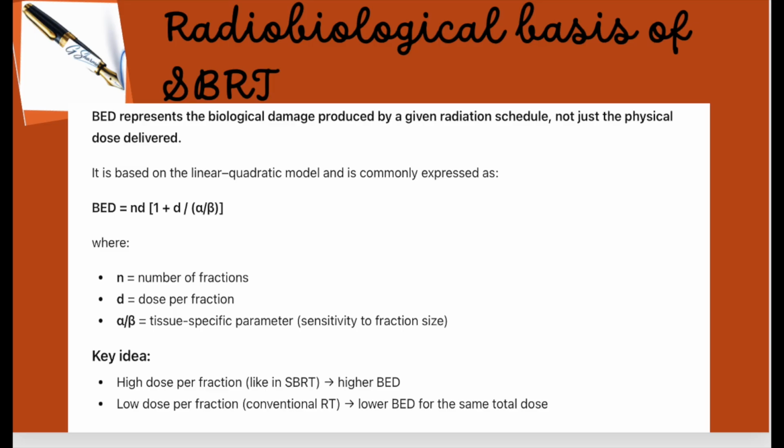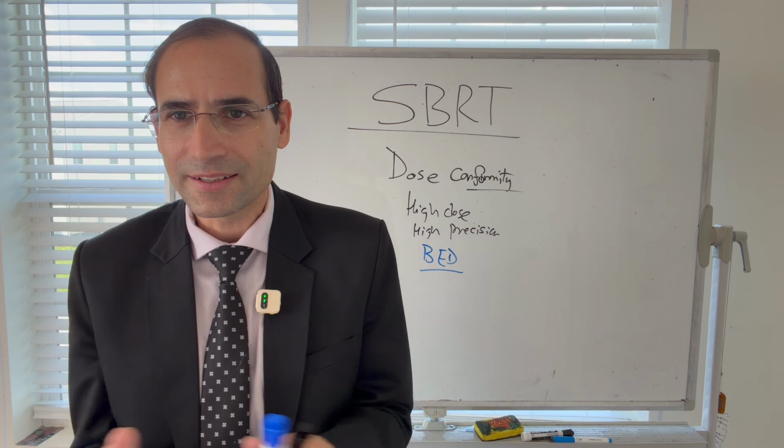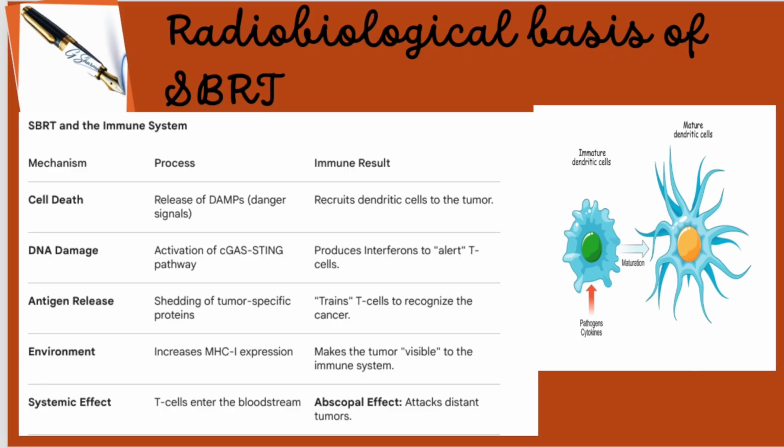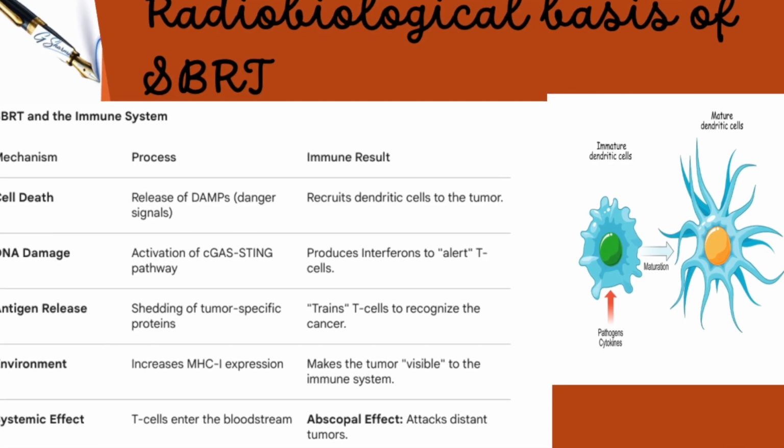So let me ask you, what happens when we deliver a very high dose per fraction? Yes, a greater dose kills a greater amount of the tumor. But also something interesting happens here.